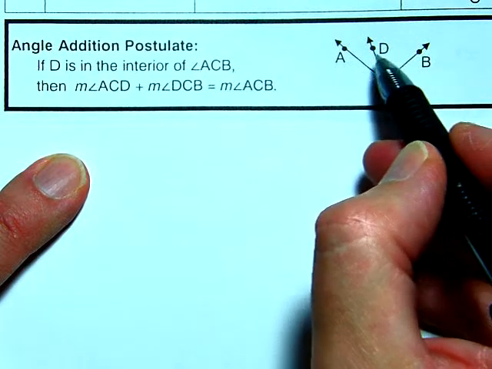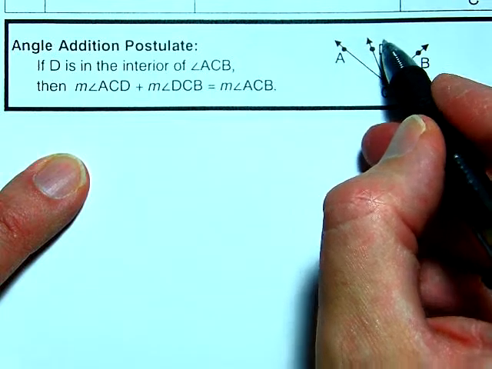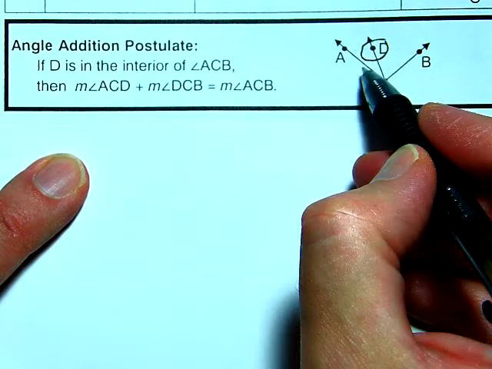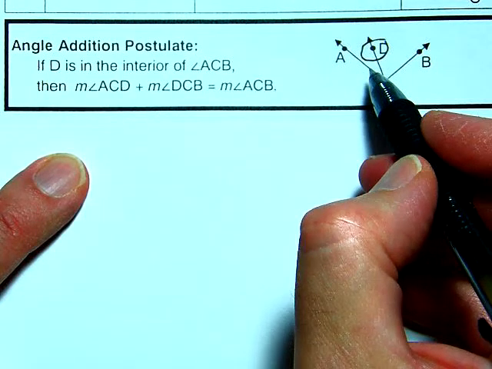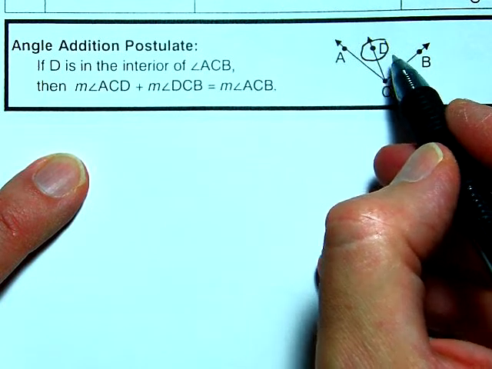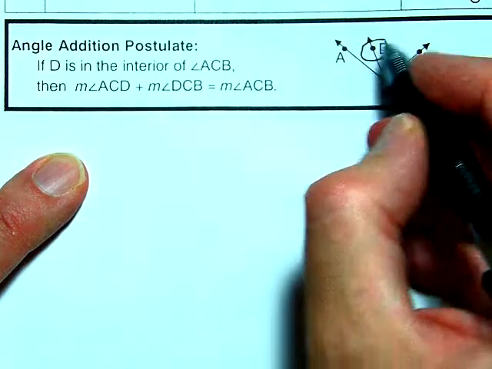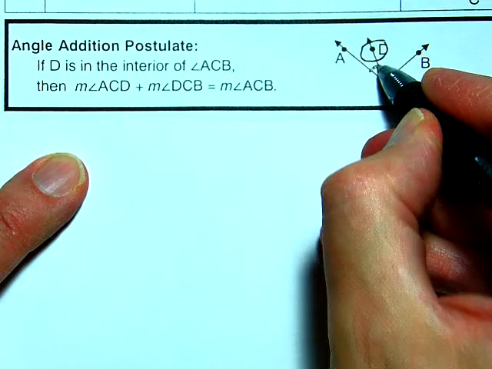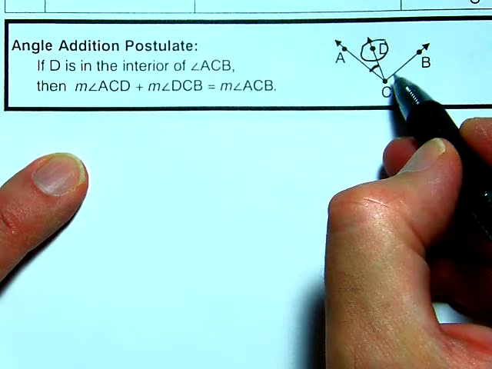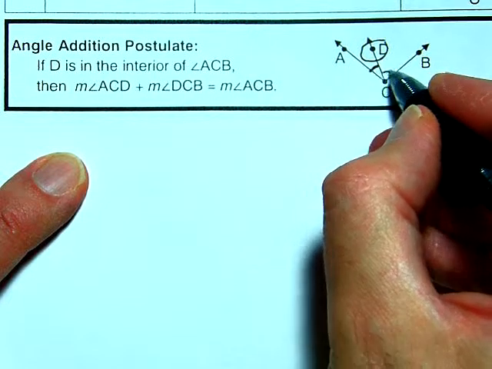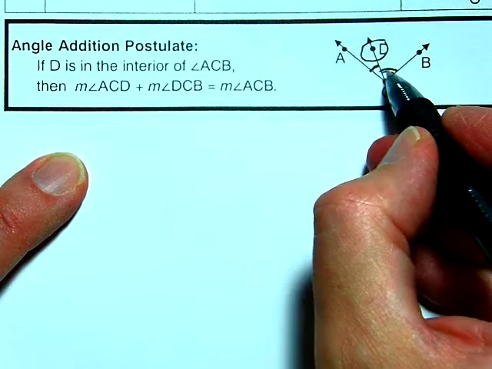And if point D is in the interior of that angle, which it is in this case, D itself as a point sits between the outermost two rays, then if we draw ray CD and create the two additional angles that we have here, what's true is that the measure of angle ACD, which is this angle here, plus the measure of angle DCB, which is this angle here, I'll notate that with two little marks rather.